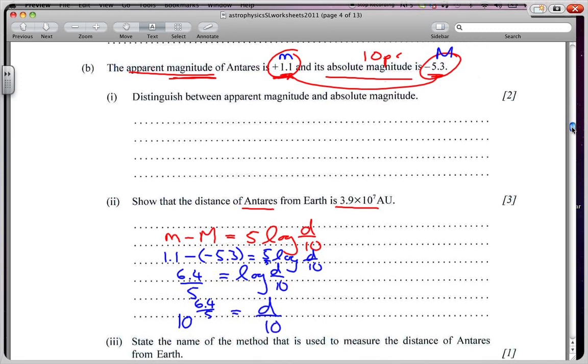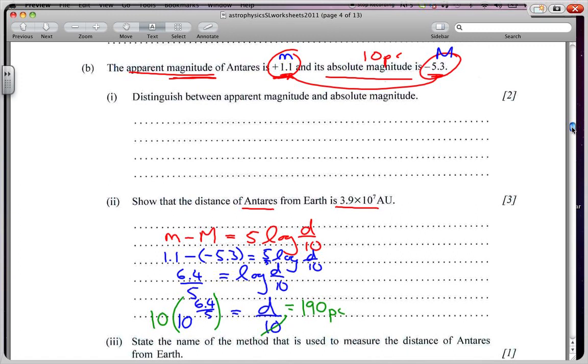So I multiply my whole equation through by 10, so 10 times that is equal to d. That 10 will cancel, and when we do that, we get a distance d in terms of parsecs of 190 parsecs.